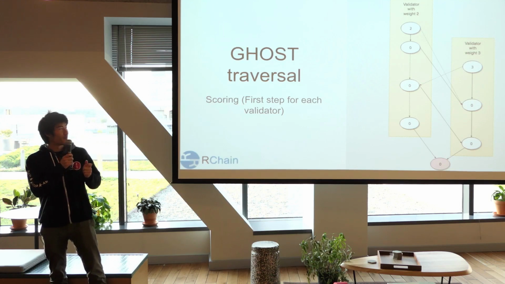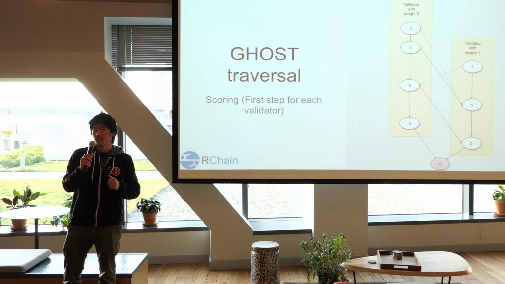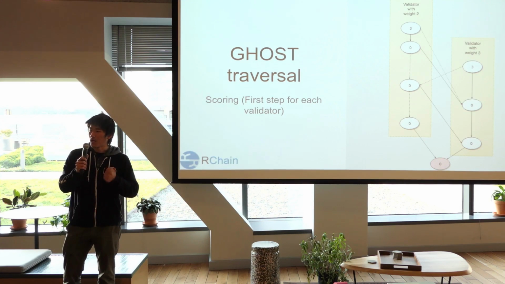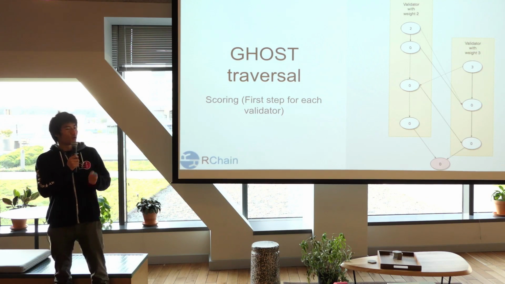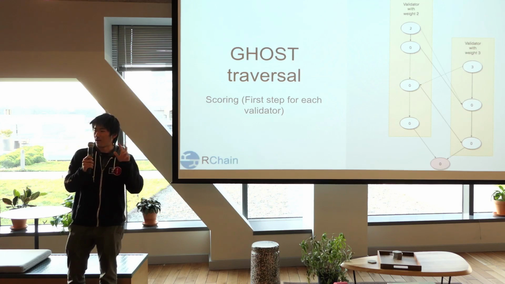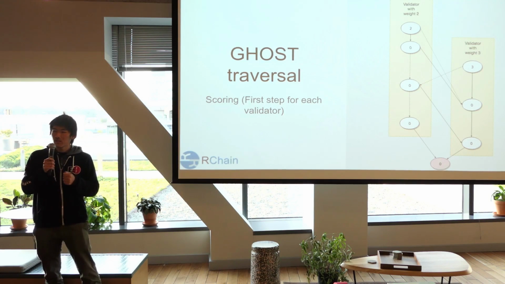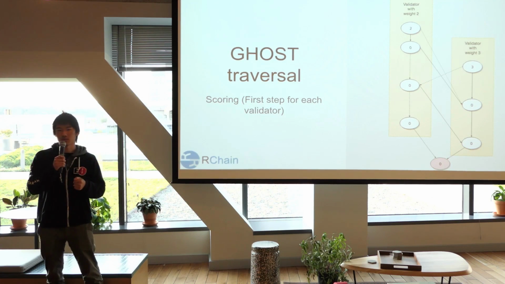But in proof of stake, it's a bit more complicated because creating a block is free. So you want to ensure that you're always building upon the right one according to the protocol. The way to do this is we go through a process called ghost traversal.